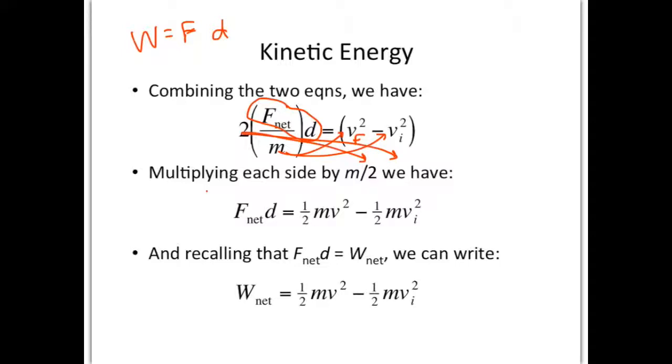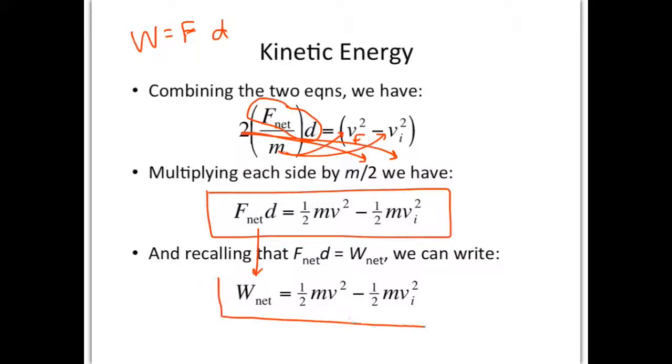So we have this. We divided by 2 on both sides, and we multiplied by m on both sides. Well, that net force times distance, you probably know to be net work. And so we have net work equal to these two funny-looking equations over there.